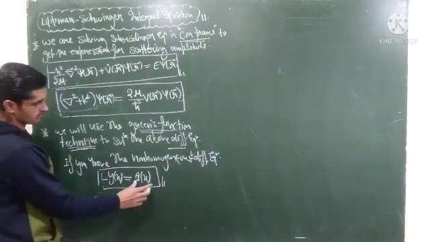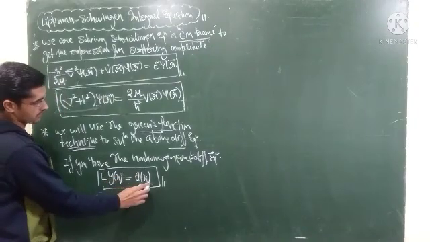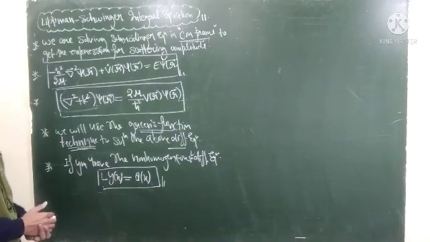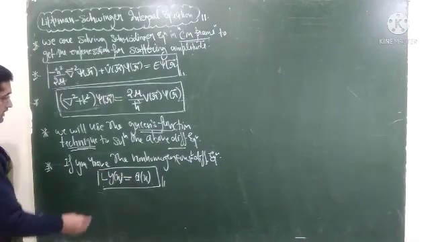Why is it non-homogeneous? Because the right hand side is non-zero. If the right hand side of this equation is zero, then the equation will be a homogeneous equation. You must have studied the theory of differential equations, and in that you have studied homogeneous and non-homogeneous equations.